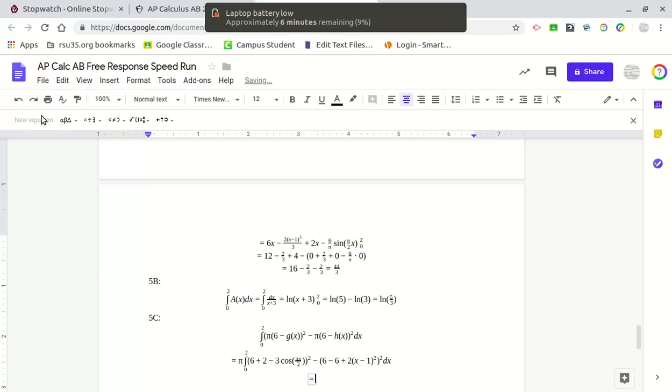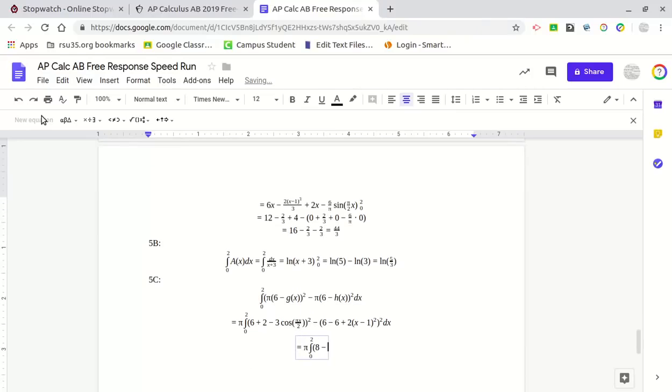So that equals pi times the integral from 0 to 2 of 8 minus 3 cosine of pi x over 2 squared, minus, the 6's cancel, that's nice, 4(x minus 1) to the 4th.